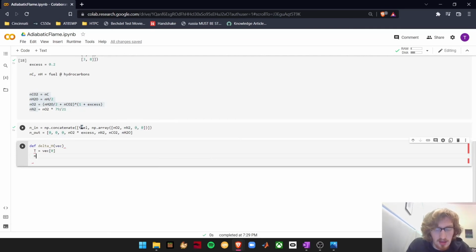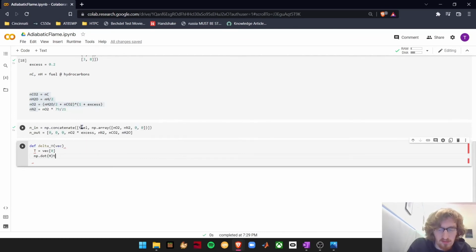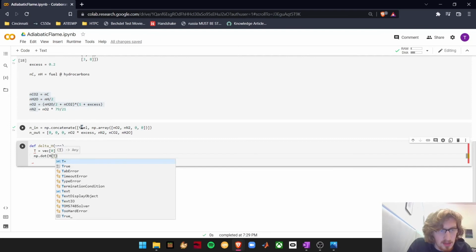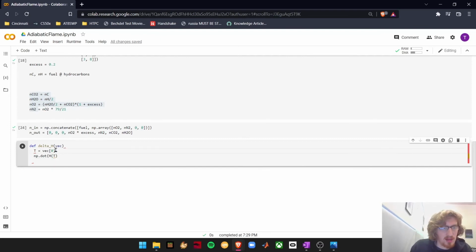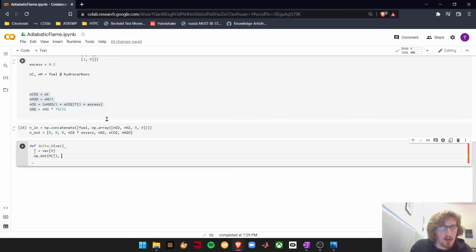So again, we have our number of moles in of each substance. And actually, I'll just write it like this. Numpy dot, and we want to take our h of t, or our h t. And again, t, or temperature, is just going to be the first index of the vector that we put in. And we're going to be taking the dot product of that with the number of moles in.